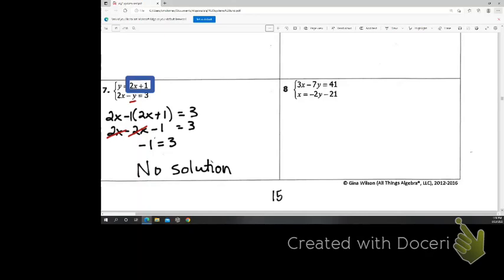So if you substitute and then the other variable disappears, cancels out, if what is left is true, if that had said 3 equals 3, you're going to say infinite solutions because really they're the same line. If what is left is not true, you would say no solution.